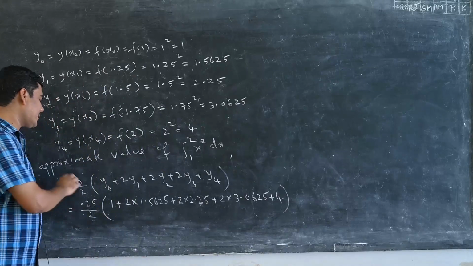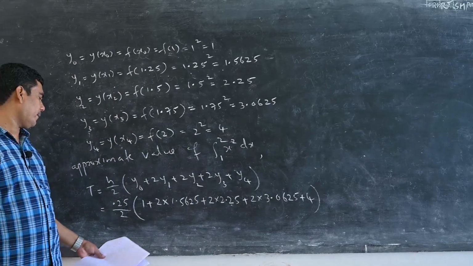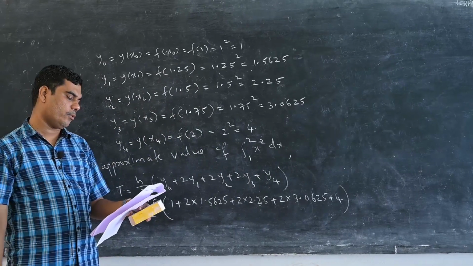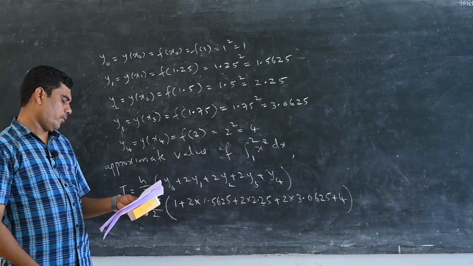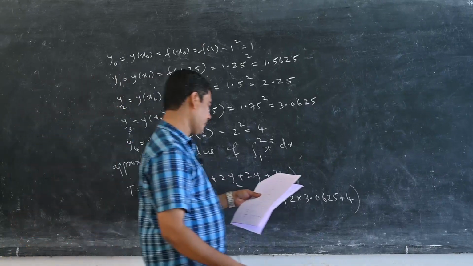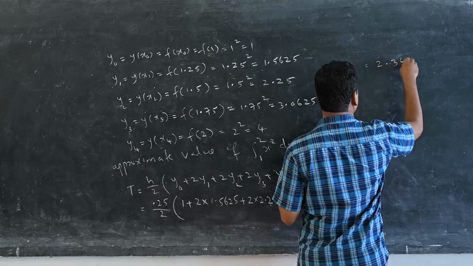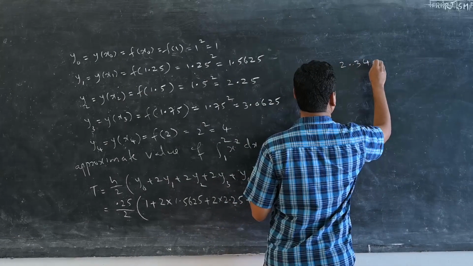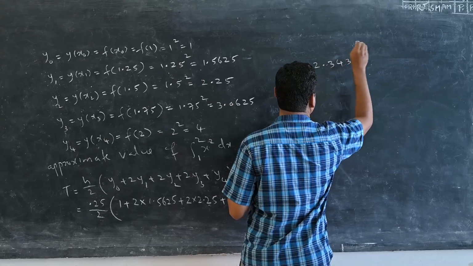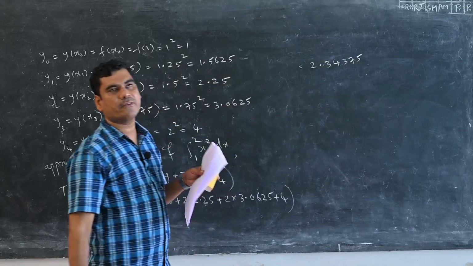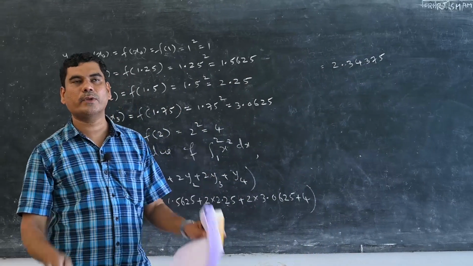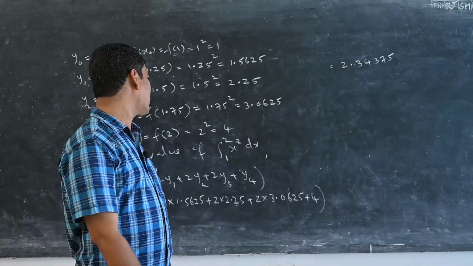Calculate this using a calculator. The value we get is equal to 2.34375. So this is the approximate value of the integral 1 to 2 x square dx using trapezoidal rule.